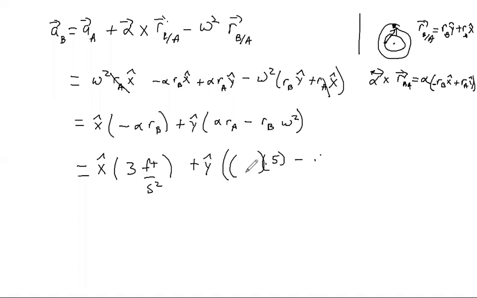The alpha was equal to 4 times 0.5, and that minus 0.75 times omega squared. Omega was 3, so omega squared would be 9. And if I type that in, 4 times 0.5 minus 0.75 times 9.